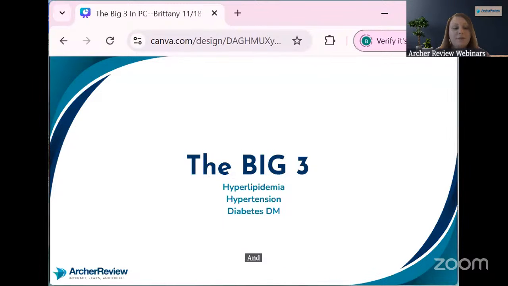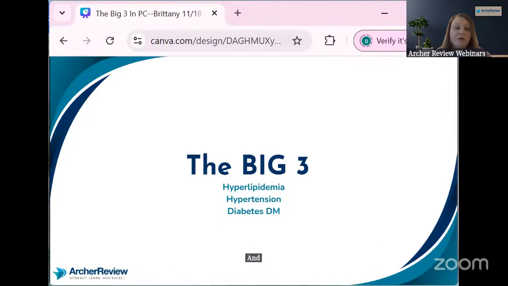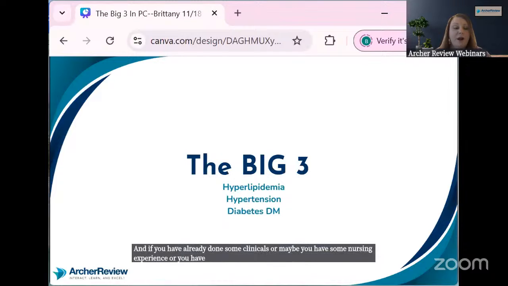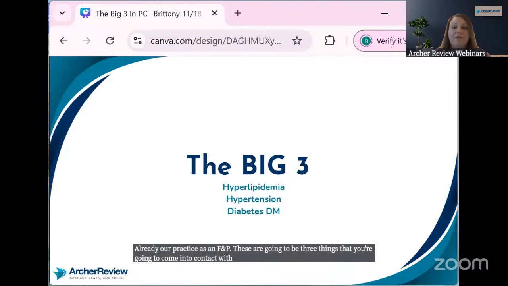And one of the big triads I found that I see in patients most commonly as a practicing nurse practitioner is hyperlipidemia, hypertension, and diabetes. If you have already done some clinicals, or maybe you have some nursing experience, or you already practice as an FNP, these are three things you're going to come into contact with every single day if you haven't already.